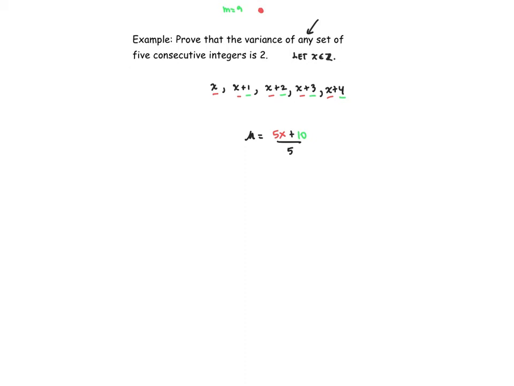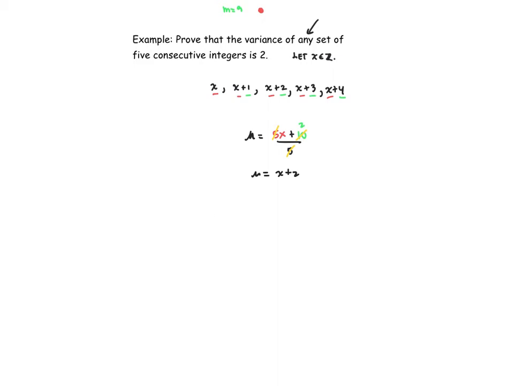Now, if I were to reduce that out, I can see a 5 would reduce out both 5x and 10, leaving this as mu is equal to x plus 2. Okay, pretty simple definition for mu.